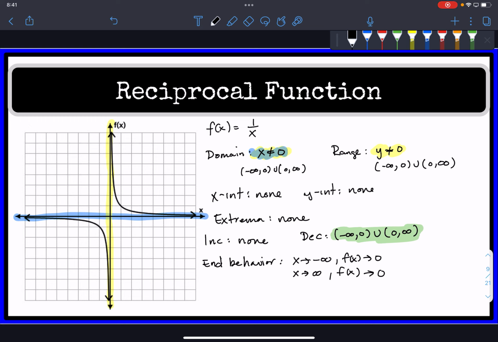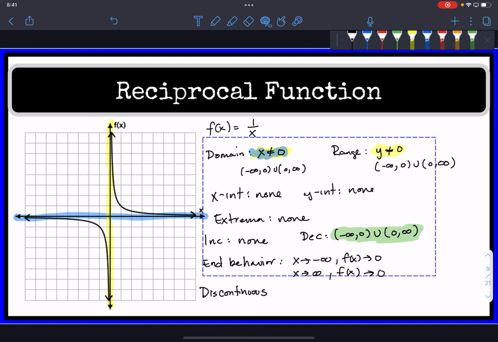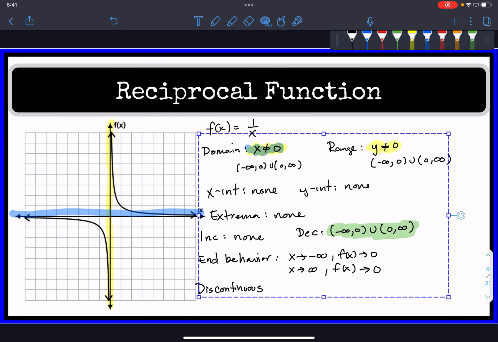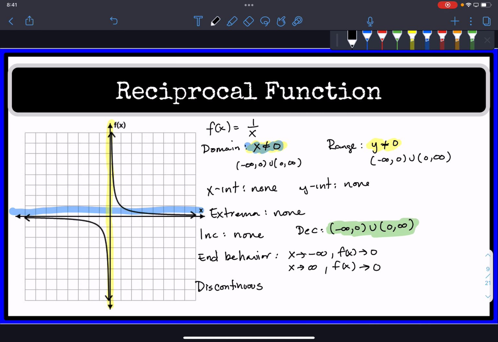This is the only function that is discontinuous. And this function here is an odd function, simply because its symmetry is over the origin.